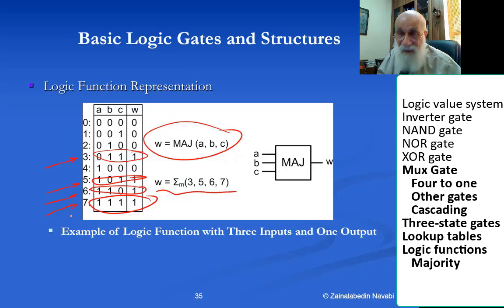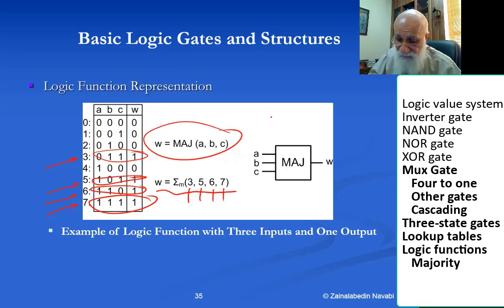And any function can be represented as a sum of the min terms 3, 5, 6, and 7. So if there is not a simple Boolean expression that we can write to represent a function, one alternative would be to just write all the min terms. Actually, any function you have seen so far, I can represent as a sum of the min terms.